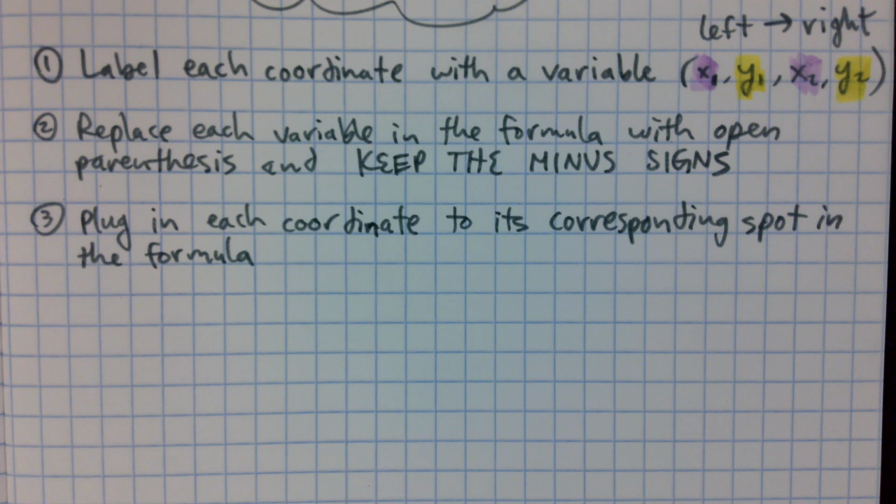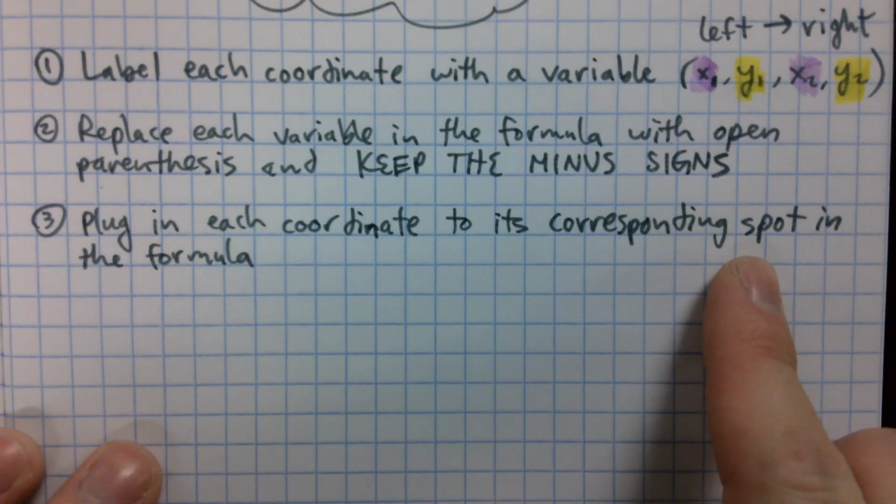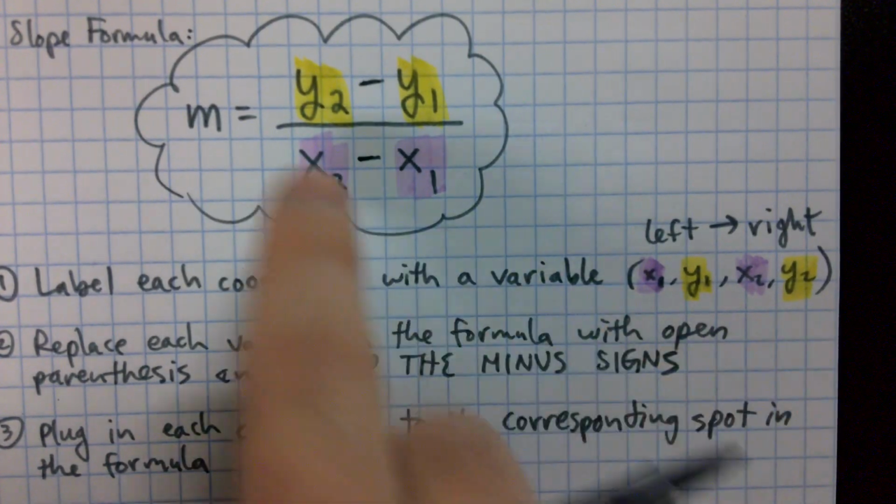This is our third different way to find slope. After we plug in each coordinate to its corresponding spot, that just means where is it supposed to go, right? y2 is supposed to go first.